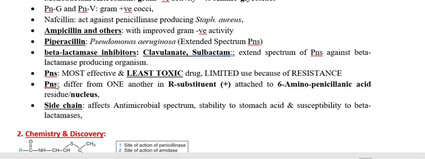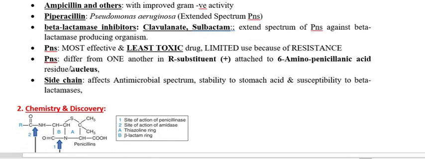The next important point is that penicillins possess a functional group. We call it 6-aminopenicillanic acid. This 6-aminopenicillanic acid is the functional group to which we put the side chain, and by putting a side chain on this functional group of the penicillin, as a result we receive the antibiotic.